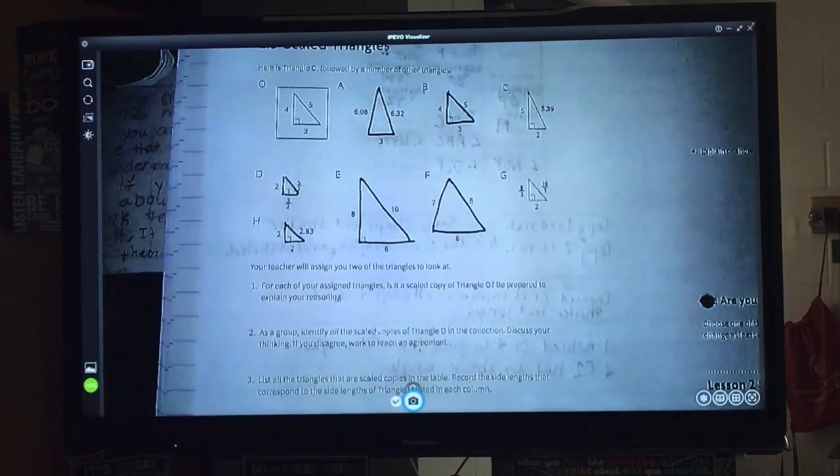Alright. Put your pencils down. So, did you agree or disagree that your triangle was a scale copy? So everyone who was the first two, which were A and E. Did you have a scale copy for either A or E to the original?